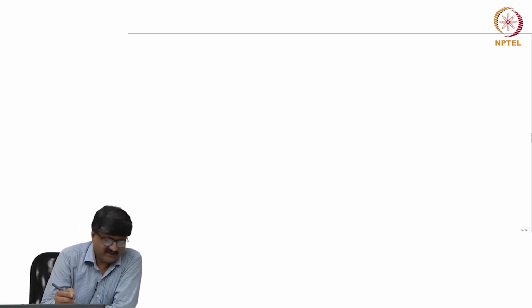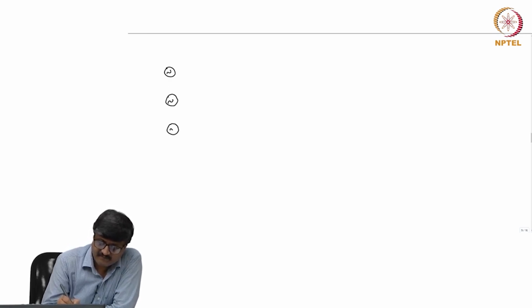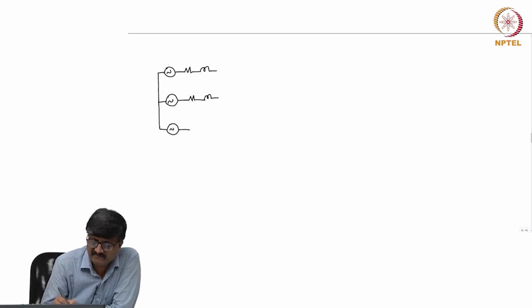So, we will consider this circuit. I have on the AC side a 3-phase balanced voltage source and this is in series with, in each phase, a series resistance and an inductance.